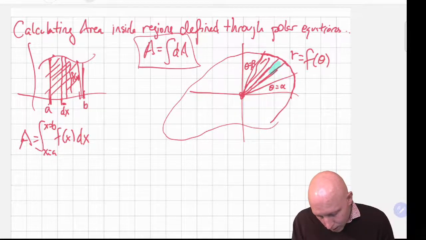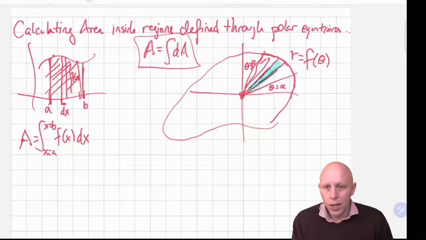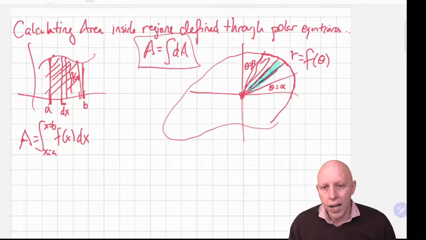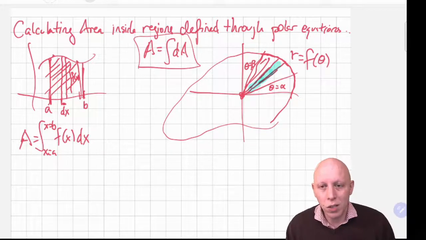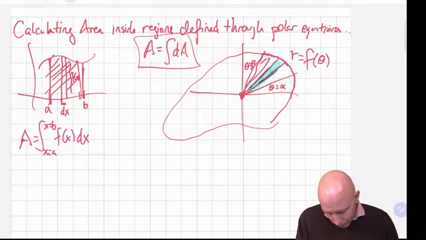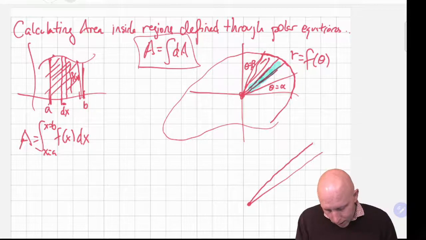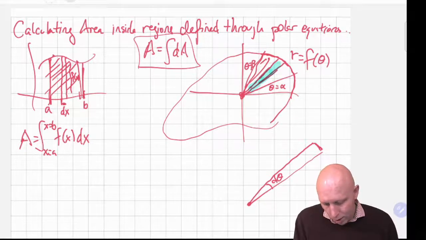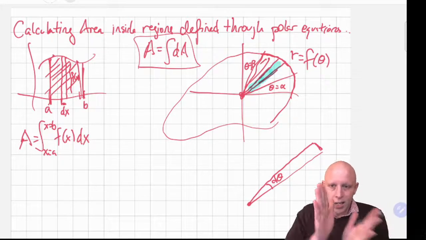We've got these little tiny slices that are now just sectors of a circle. If I zoom in here, we have a very tiny slice where we have a little d theta here. And the question is, how much area is there in a tiny little bit of this slice?